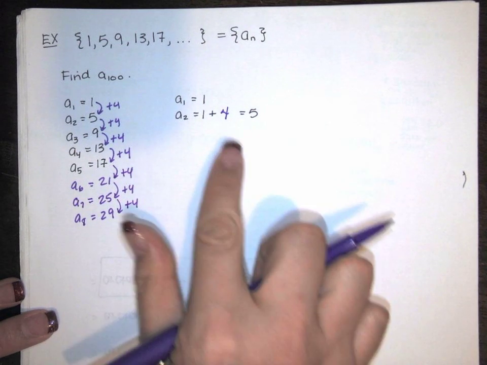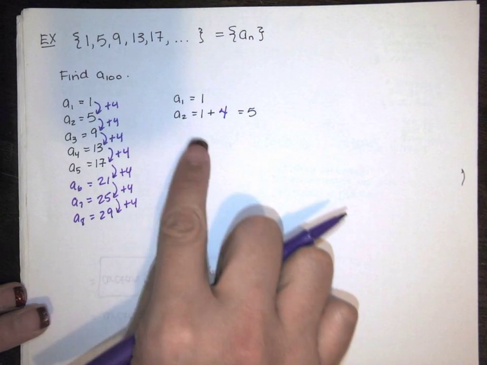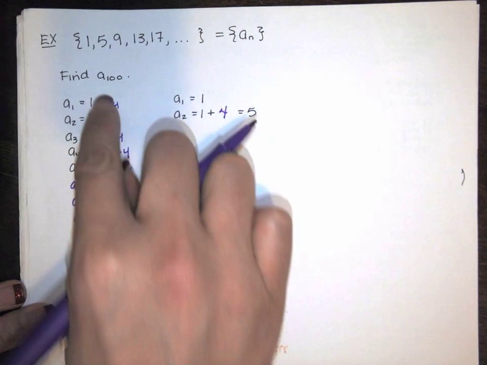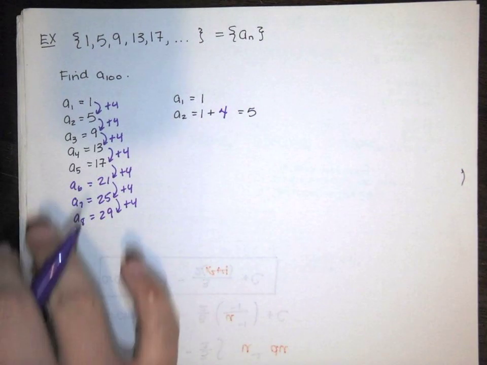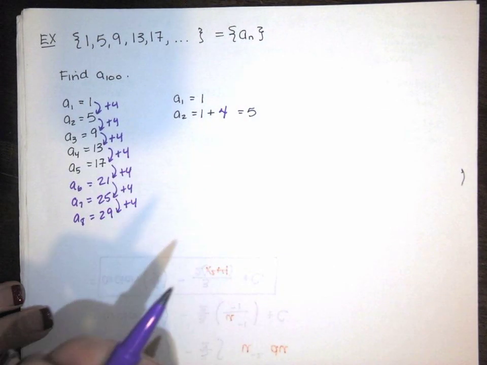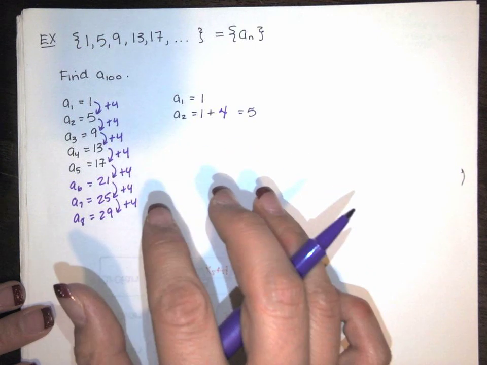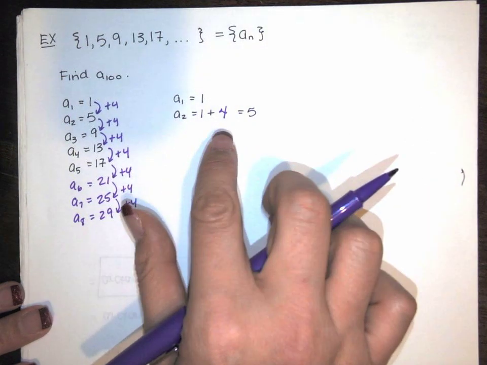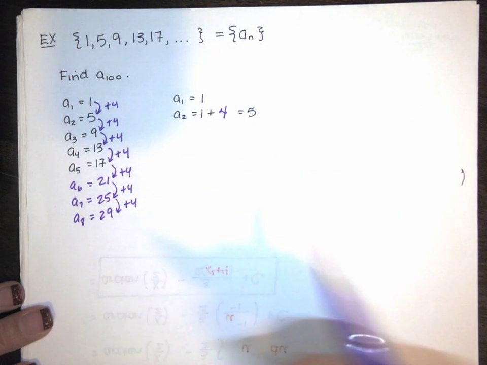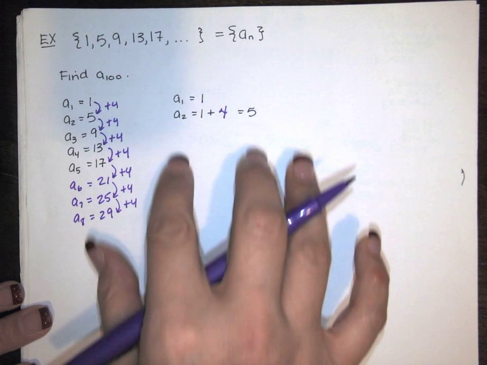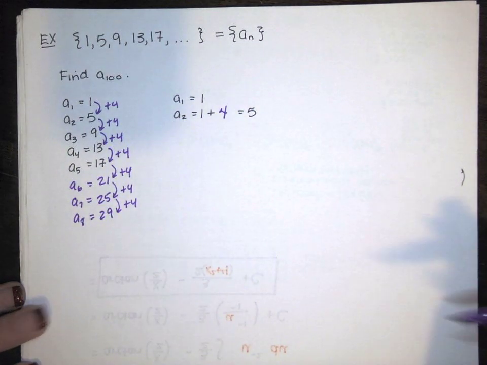Given that, we're trying to find a pattern over here. Now, I know every time we simplify, every time we add 4, we can simplify and get these numbers. I don't want the simplified form though. What I'd like to see is a formula that depends on n. So I want to see what happens as I keep adding 4. Like, what is the general form of a sub n?